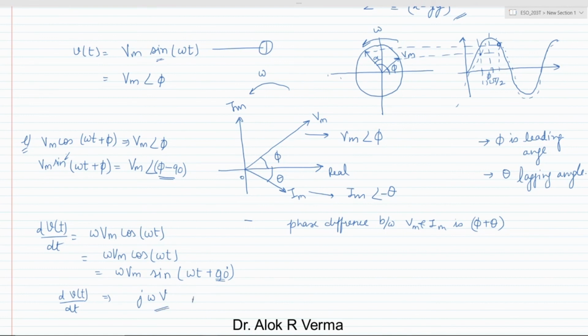So this is the phasor derivative. So basically the d by dt will transform into j omega. You can take a derivative of this time-based signal and then convert it to the phasor derivative, which results in the quantity d by dt as a j omega multiplication.